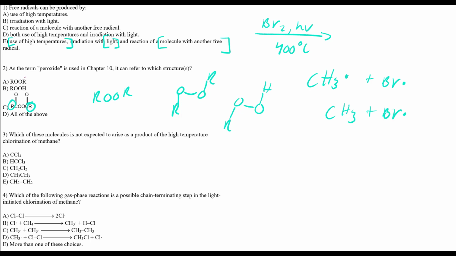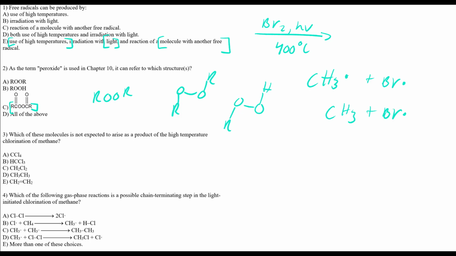So ROOR is a very stereotypical peroxide. It's very common. In this one, they swapped out the R for the hydrogen. That's perfectly legal. You can do that. Over here, they have a lot of stuff going on, but you still have the foundation right here. So we have RCOOCR. It's the same thing.